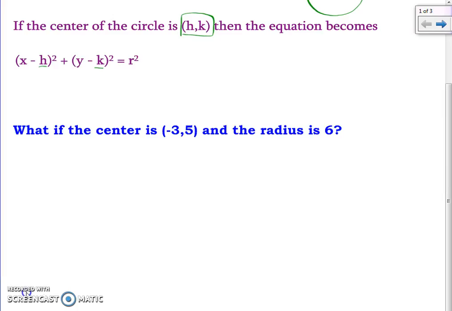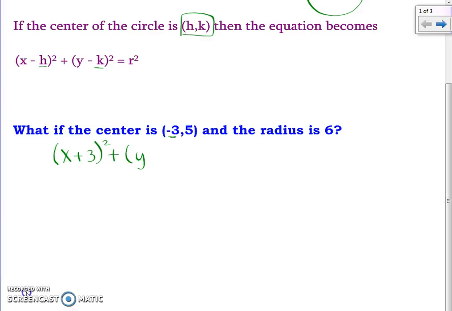Okay, so they want you to write the equation of a circle with a center of (-3, 5) and a radius of 6. So it's really as simple as dropping those numbers in. So we have x minus, we're going to subtract whatever our h value is. So if we subtract a -3, it turns into a +3, and that's squared.